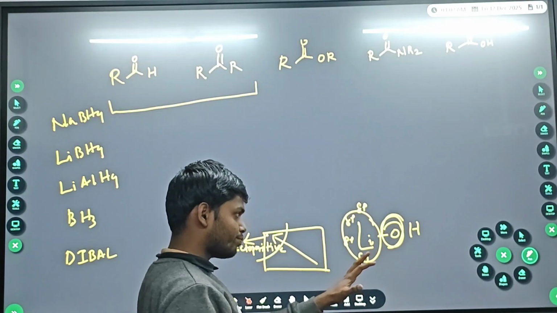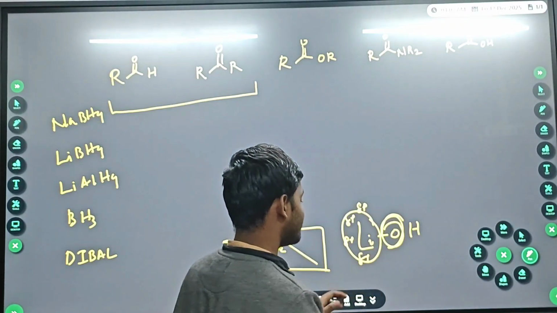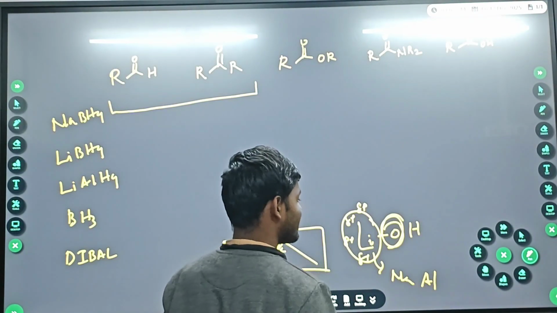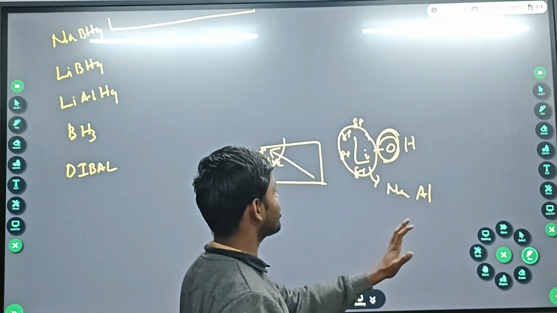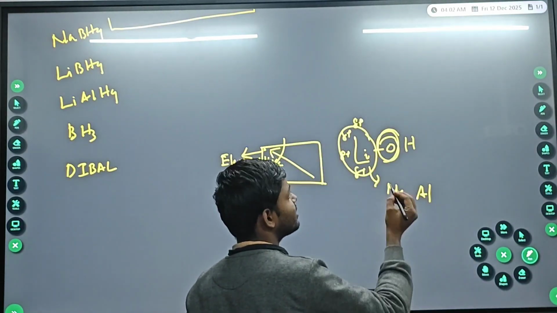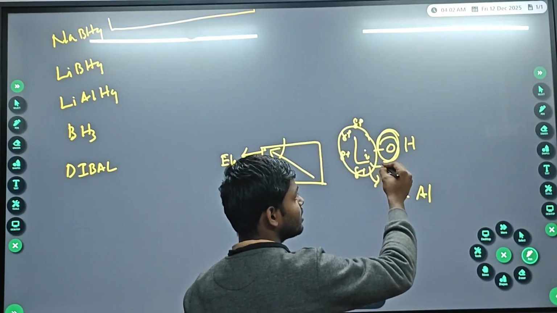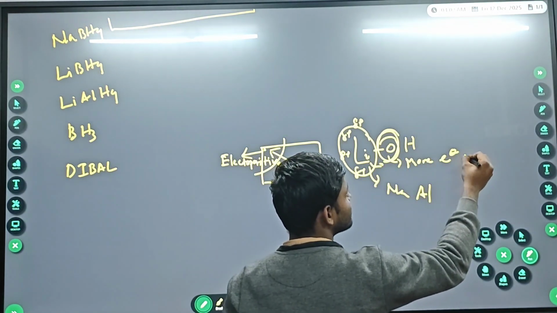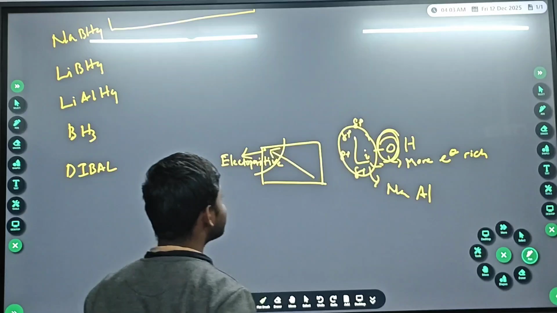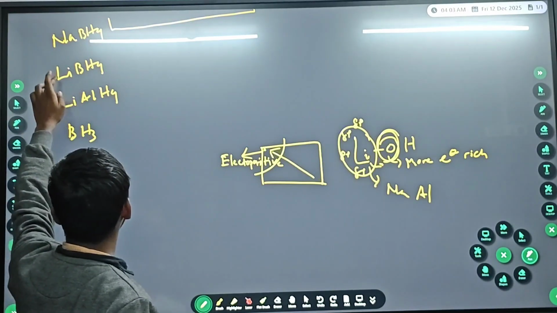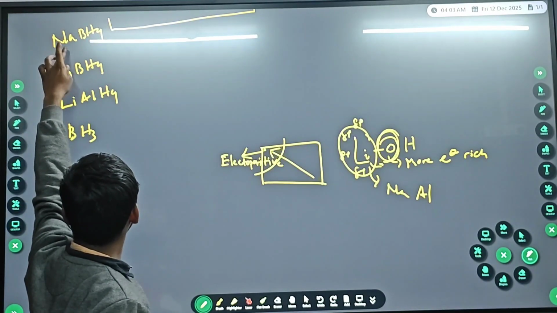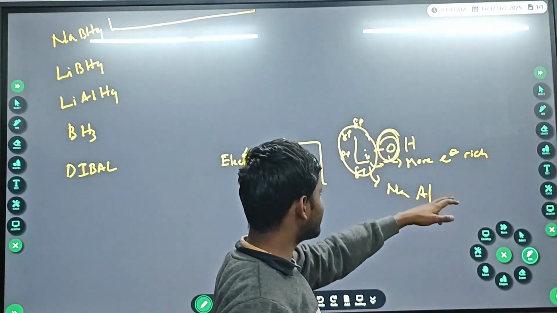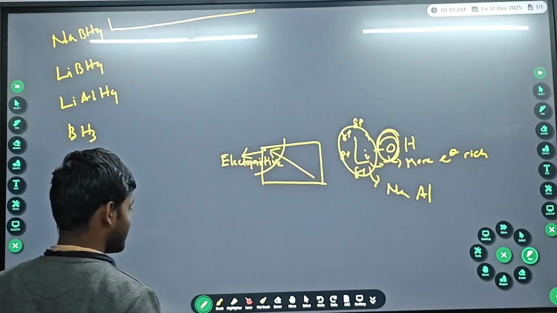For lithium, sodium or aluminium, this has the most highly electropositive character, and the topmost is always lithium. So this is the most electron-rich center, and it will be more reactive than sodium borohydride. Have you seen? Sodium is replaced with lithium. As we say, lithium has a more electropositive character. That's why this happens.